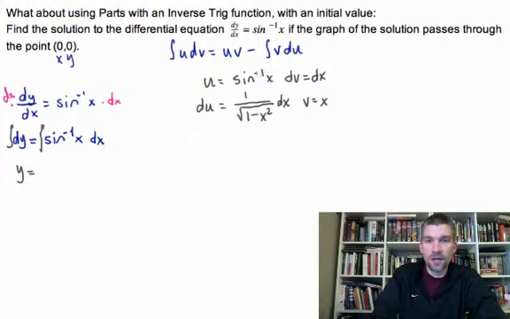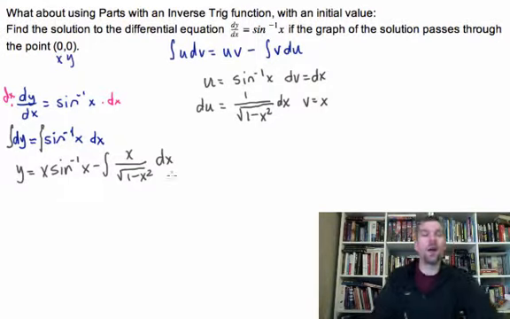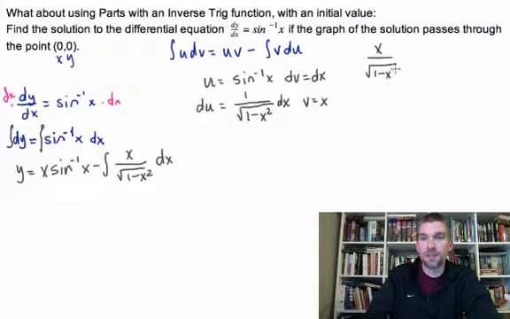So when I do u times v, I'm going to get x arc sine x minus the integral of v du, and that's going to be x over the square root of 1 minus x squared dx. Now all I have to do is make a u substitution here. Just to help you out a little bit, x over the square root of 1 minus x squared is the same thing as x times 1 minus x squared to the negative 1/2.